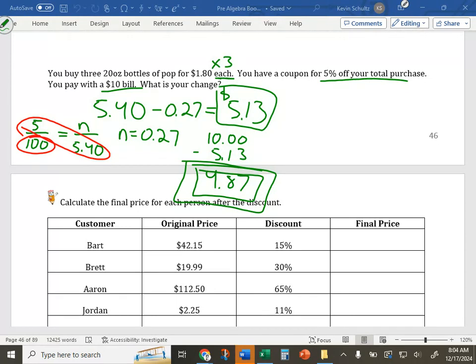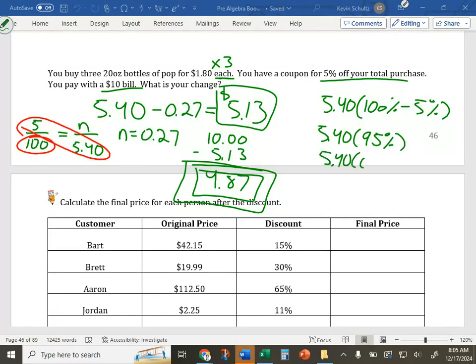If you use the formula, your original, that 5.40 times 100% minus 5%, and if you take 5% away from something, what percent is left? 95%, okay? So you end up multiplying 5.40 by 95%, or 5.40 times 0.95, and that ends up with 5.13, which you then go back and subtract from 10 for $4.87 as the final answer.